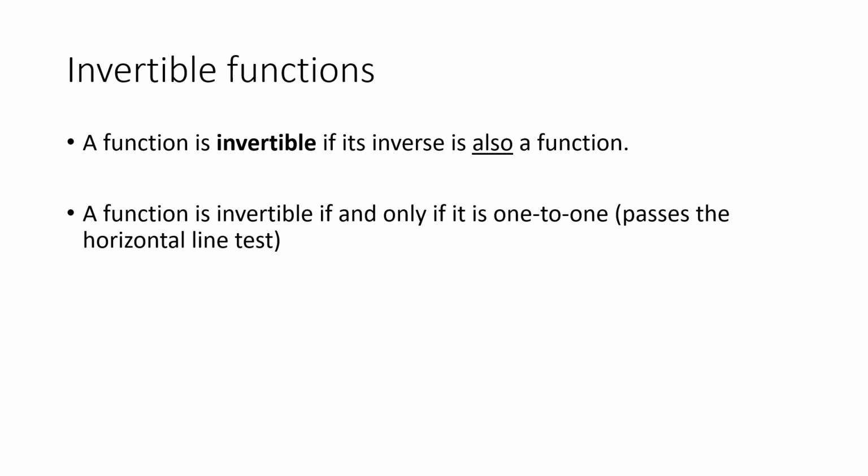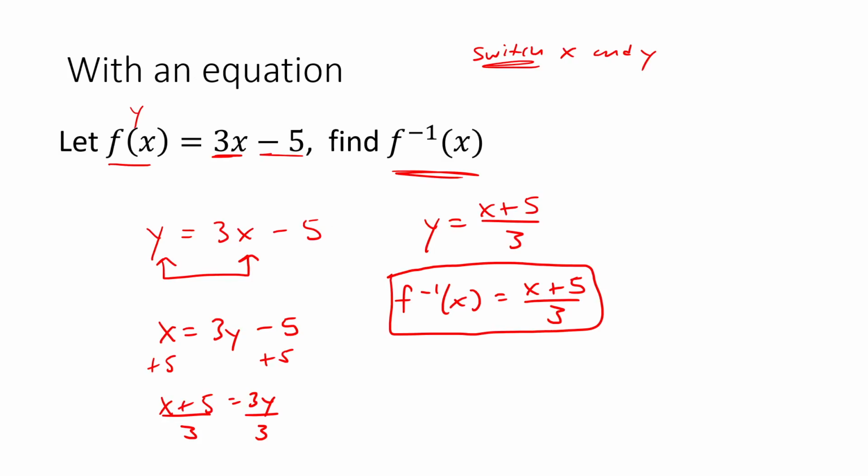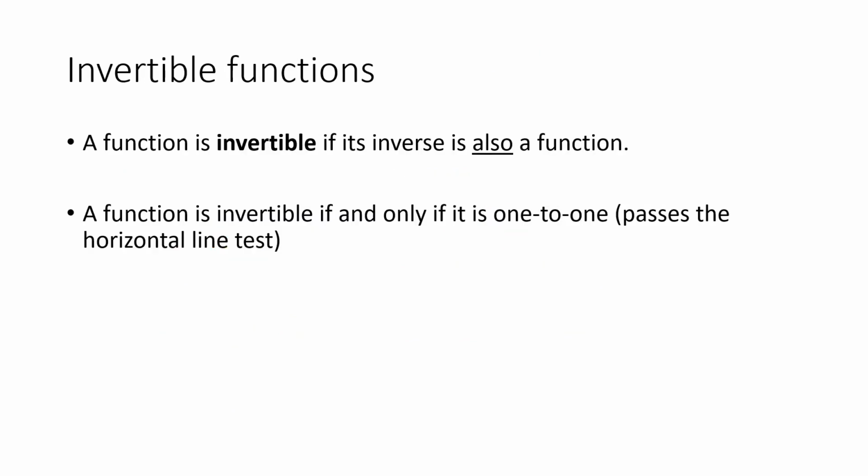Okay, we can always do the process I just did. We can always switch x and y and try to solve for y, but only sometimes is that going to produce another function. Remember, a function has to pass the vertical line test. All right, so like this is a function because it passes the vertical line test, but this is not a function. Now, sometimes you can have something that's a function, but its inverse is not.